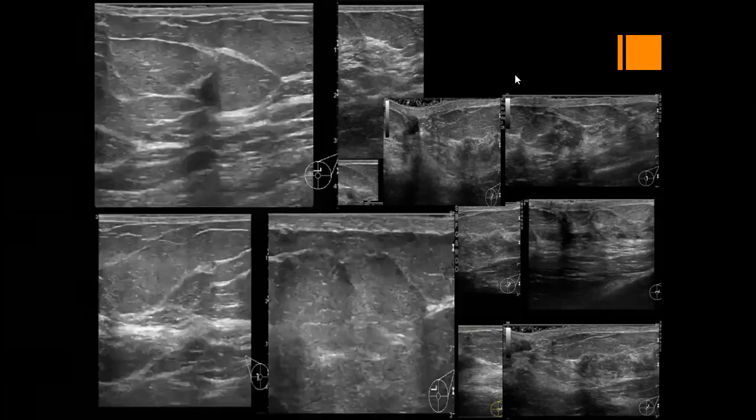And compare, you see, this is the other area away from the area of asymmetry. Look at the breast, how clear it is. This is the same breast. This is just behind the nipple laterally, and this is medially. It is very clear.